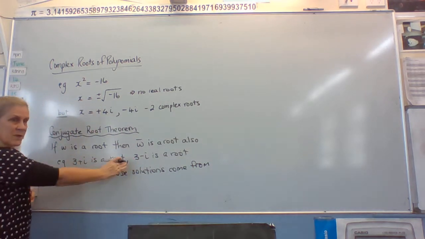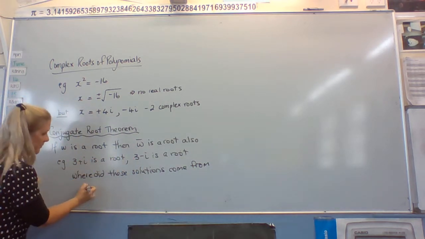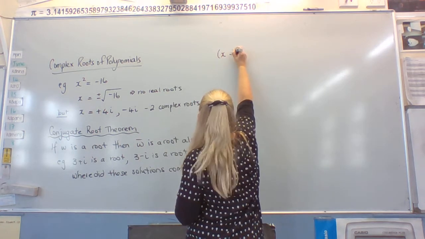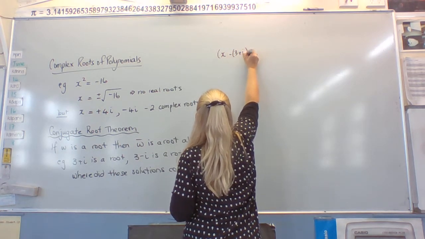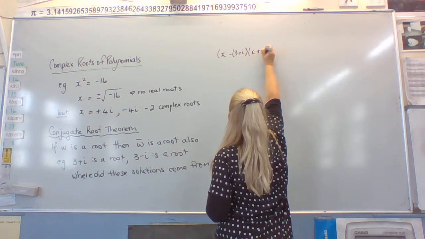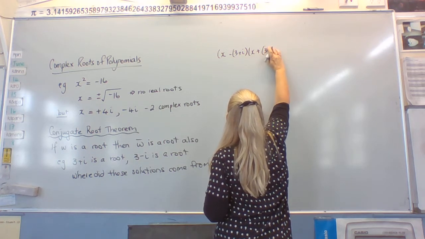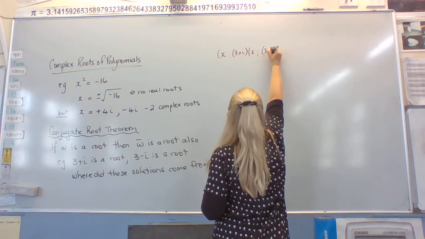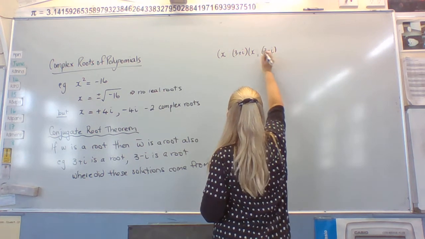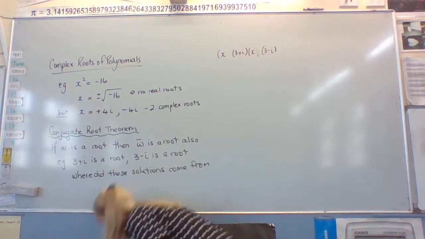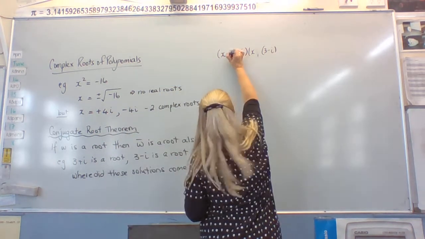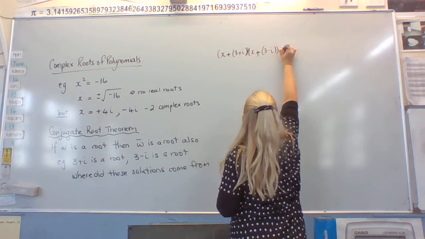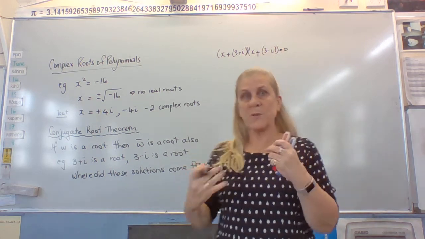If those were the roots, then they came from x minus (3 plus i) and x minus (3 minus i) equals 0. That's where it came from. Those were the solutions.